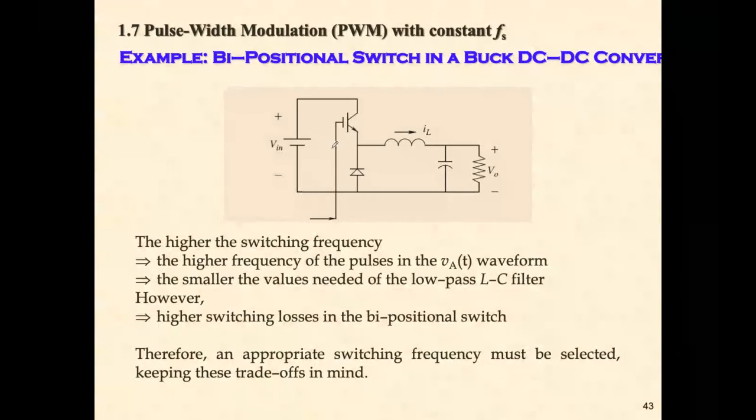So anyhow, now we use this kind of thing to act like a switch. The switching frequency can be very high, but there are some criteria. The higher the switching frequency, the higher the frequency of the pulses, and the smaller the values needed for the low pass LC filter. So these are the practical matters.